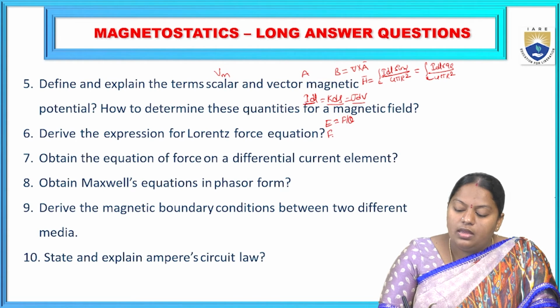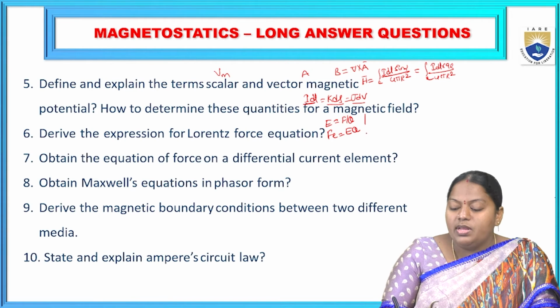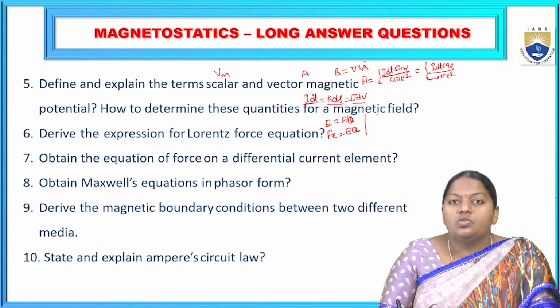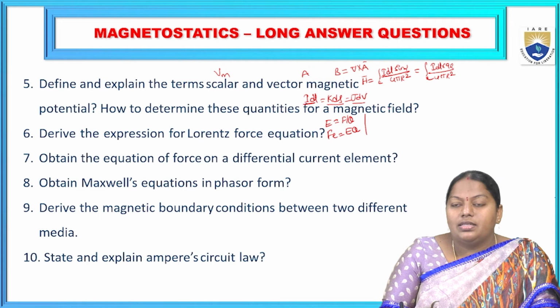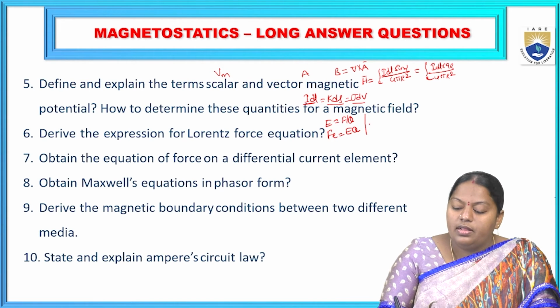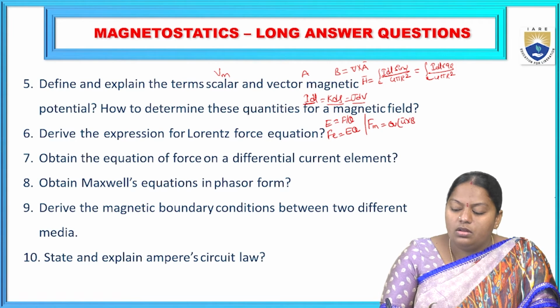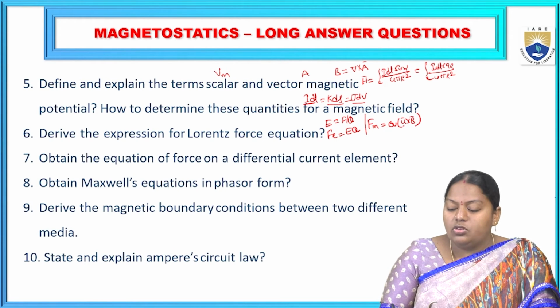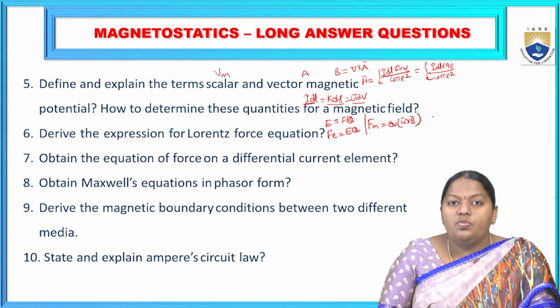From this, the electric force can be given by E into Q. Similarly, if the same charge is moving with a constant velocity, then the field is to be considered a magnetostatic field. The magnetic force is given by Q into U̅ cross B̅, where the velocity of the electron is represented with U̅ and B̅ is the magnetic flux density.